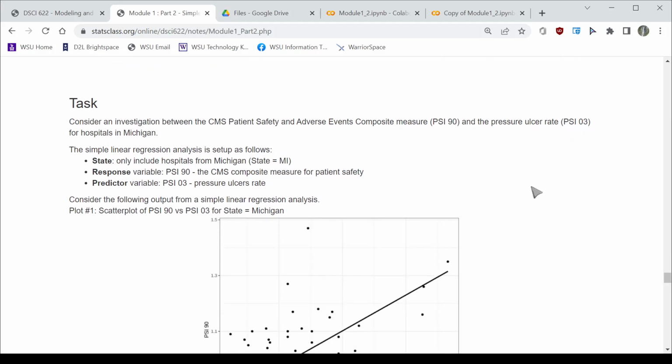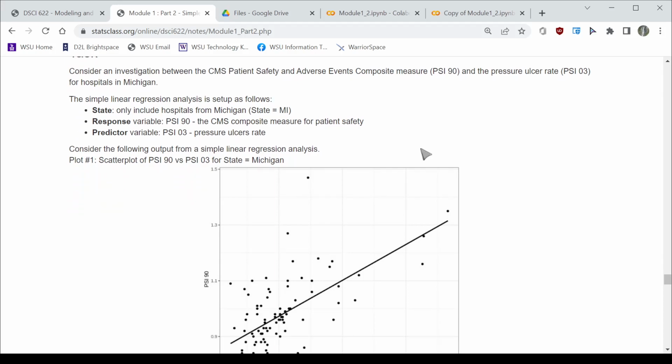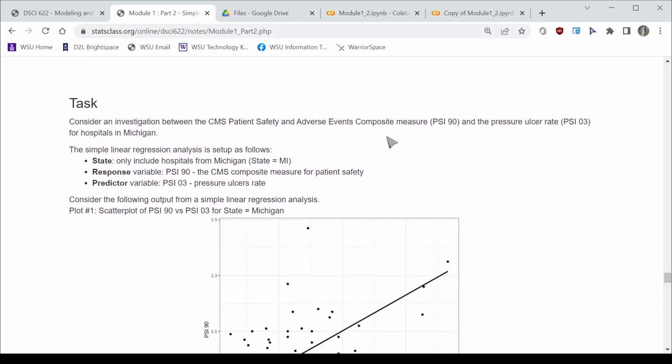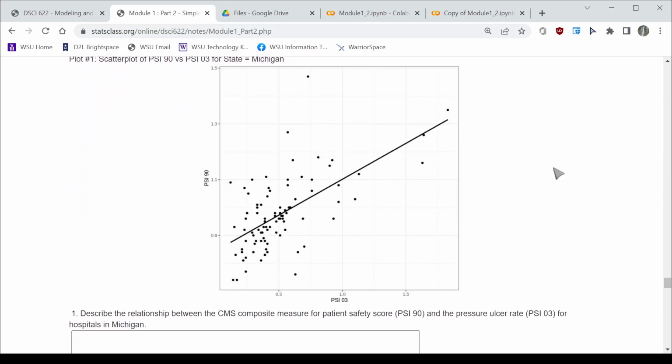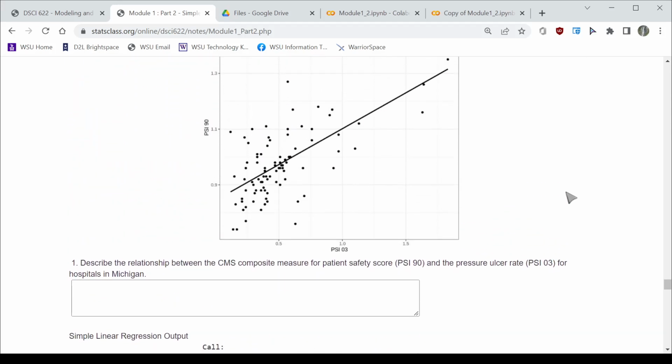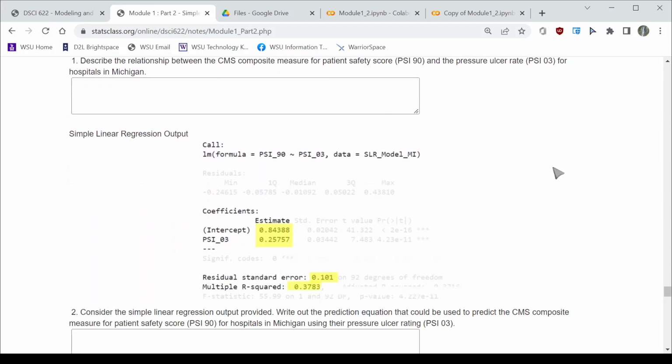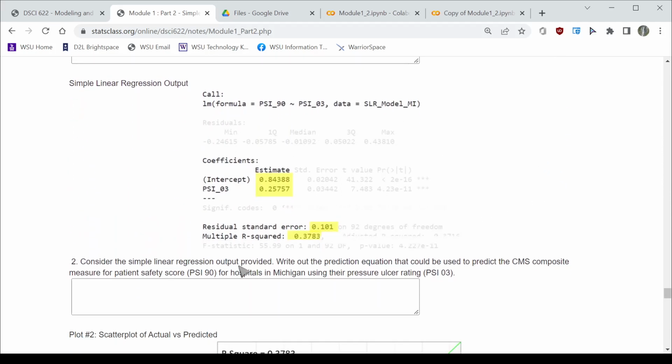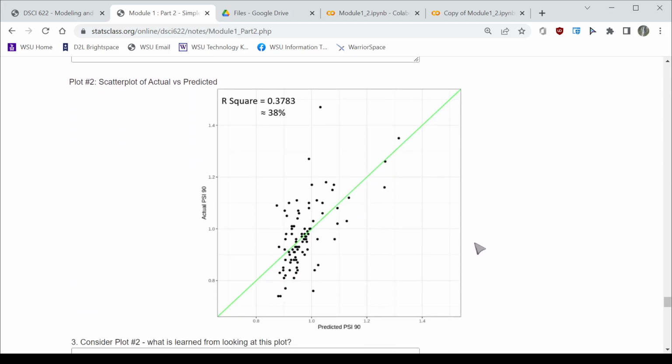Okay, let's talk about your task then. The task simply has you look at the information, again, between PSI 90 and PSI 03 for hospitals in Michigan. I have our standard output here, or our scatter plot, to start with. I have our regression output with some questions for you.